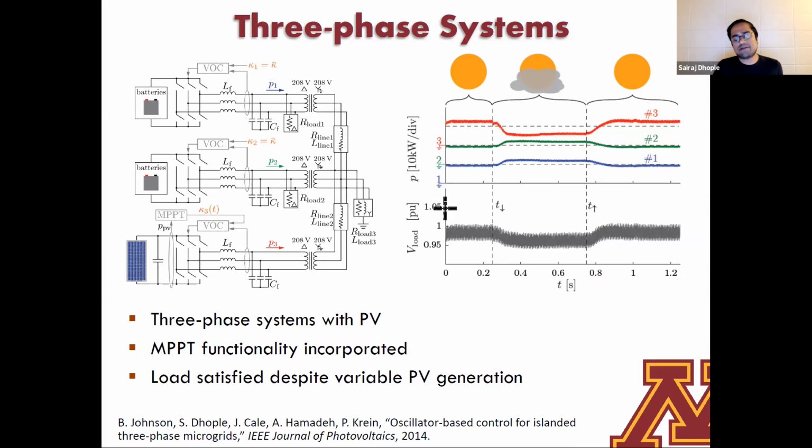And we're still able to show that you can realize MPPT functionality with a little bit more engineering on parameters and ride through small and large signal disturbances, even in this more complex three-phase setting.